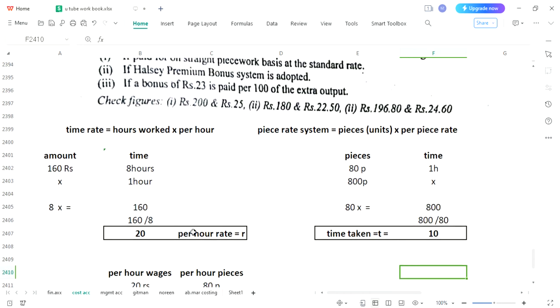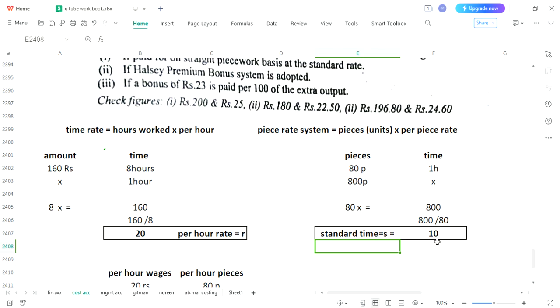One second. No, it was not time taken. It was actually standard time. And time taken was given in the question. This was your standard time. How was it standard time? Because we have followed the situation. He was asked to make 80 pieces in 1 hour. And now for 800 pieces, how much time should be taken?